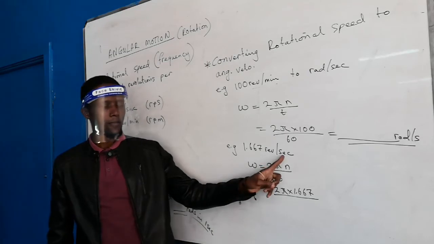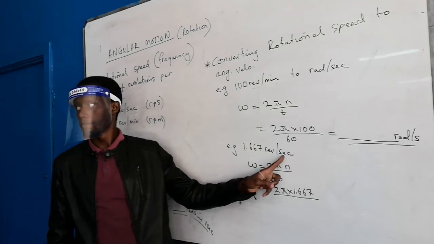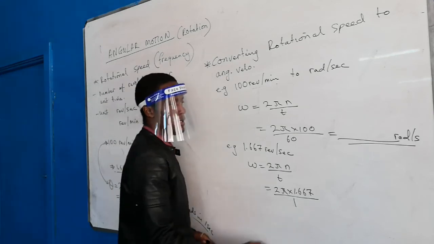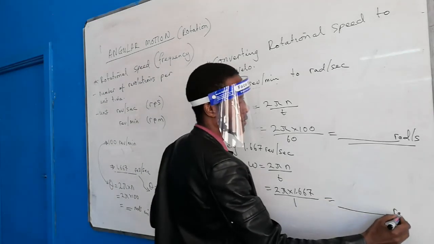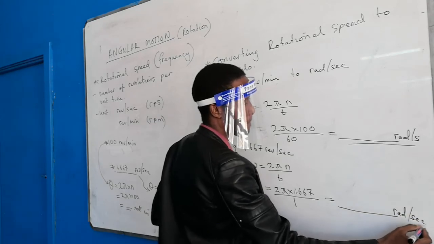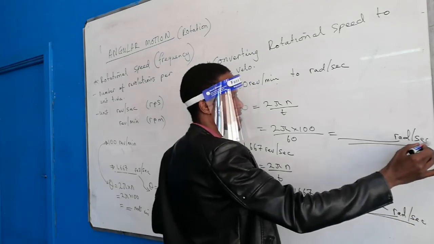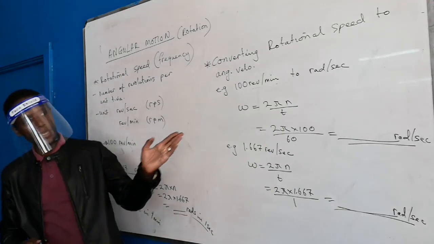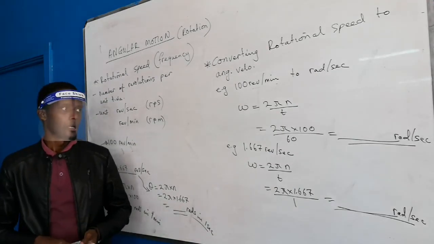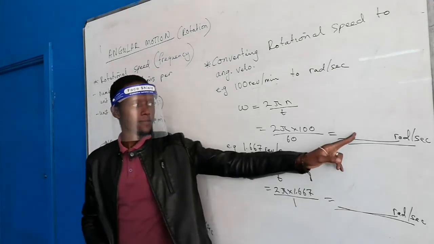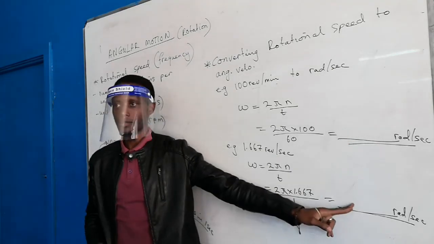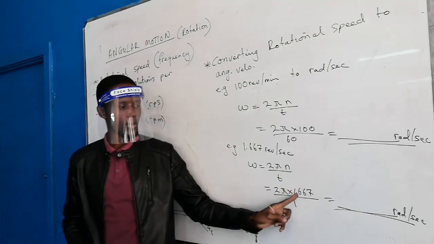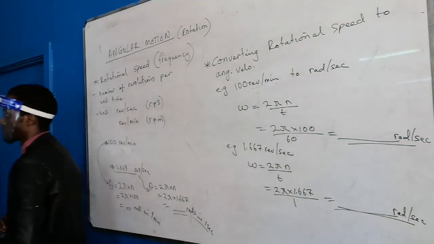How much time do we have? 1 second. I like writing my seconds like that, but even if you just write S, it's fine. Your answer there, I'm sure it's the same answer, because that's the 1.667 we are getting.